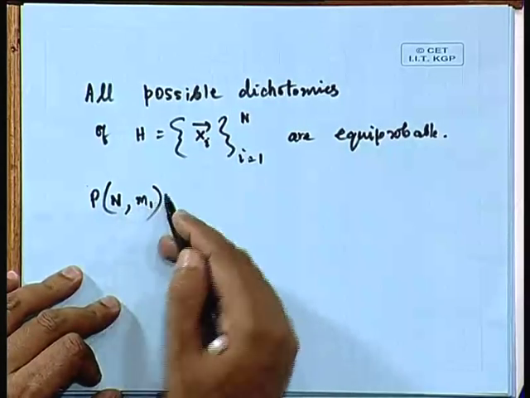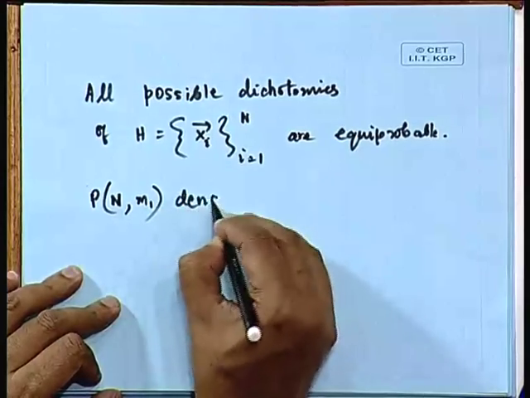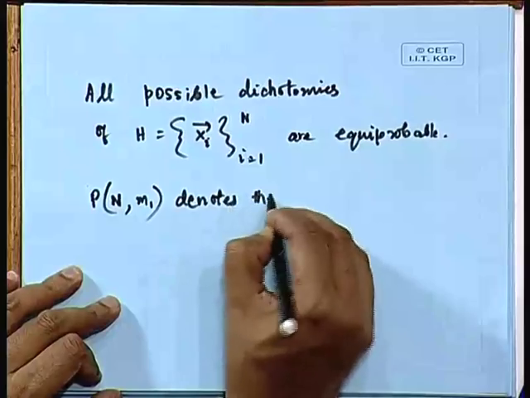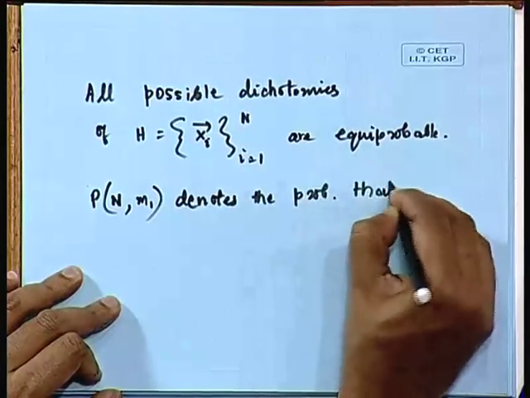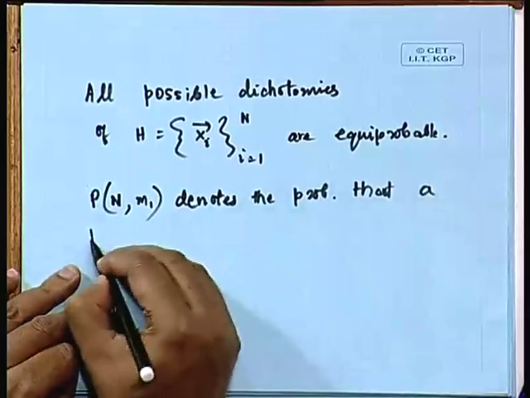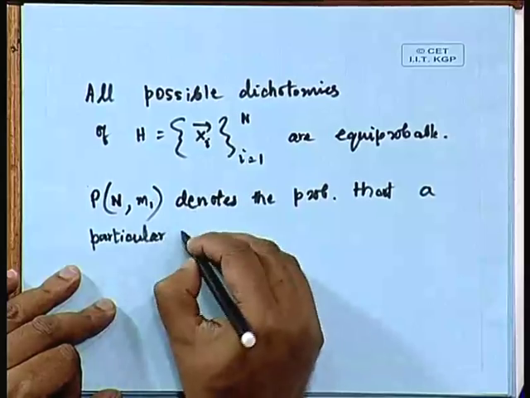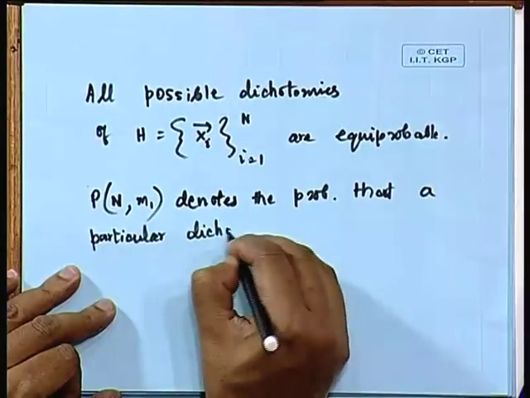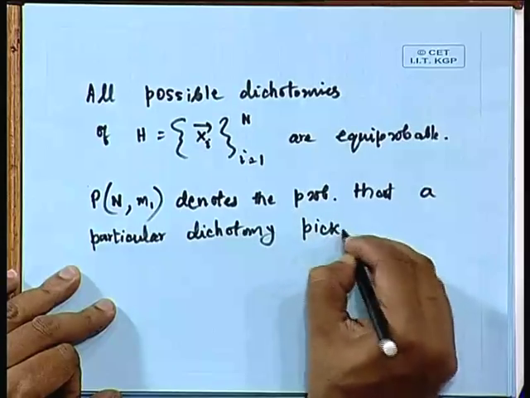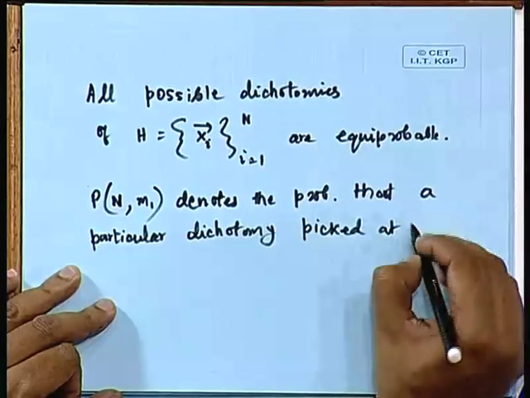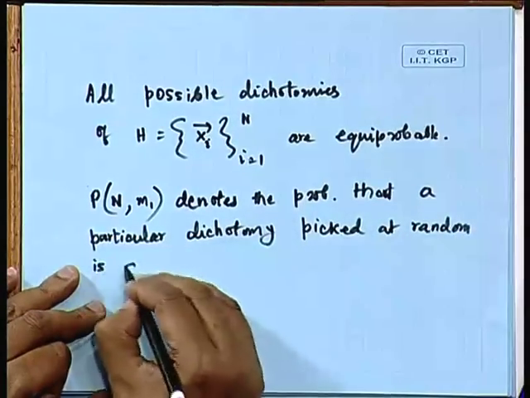So, P(n, m1) denotes the probability that a particular dichotomy picked at random is phi separable.